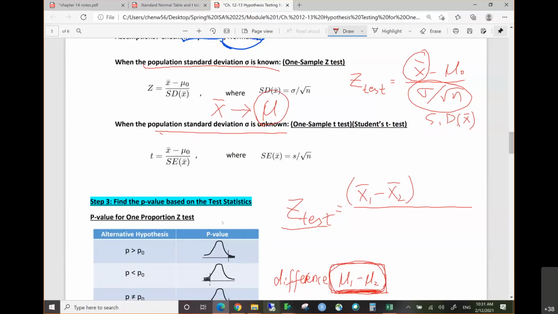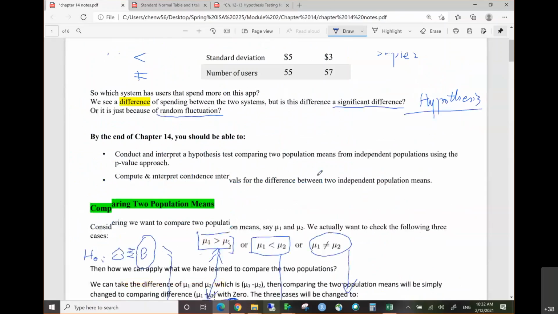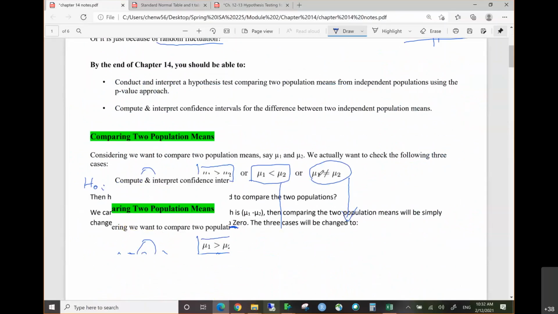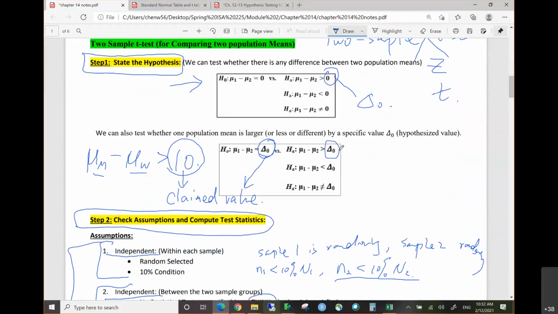Okay, now minus mu zero. Here in the formula, we use the mu zero for one sample test. What can you use to replace this mu zero if we want to test about the difference? What is the mu zero again? Mu zero is the claimed value or hypothesis. So what is our claimed value in our hypothesis? Delta zero, right? This is the value we want to test about when we test about the difference.